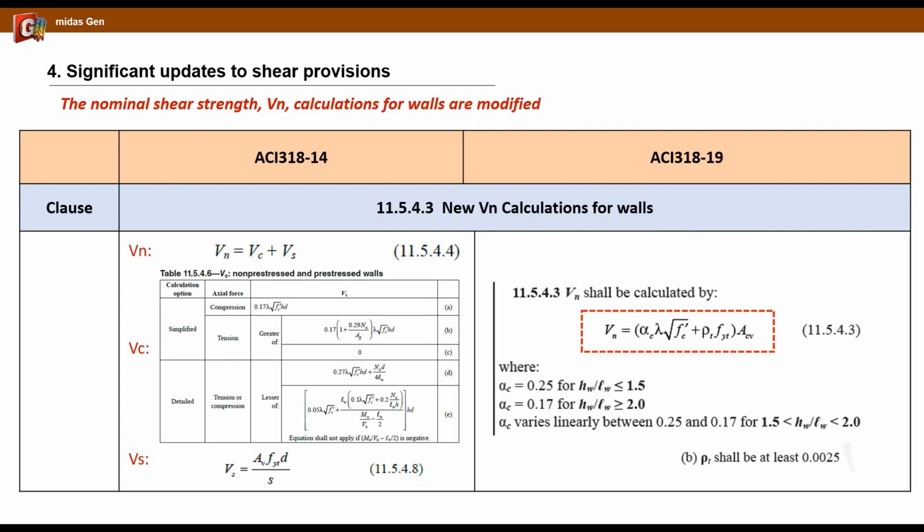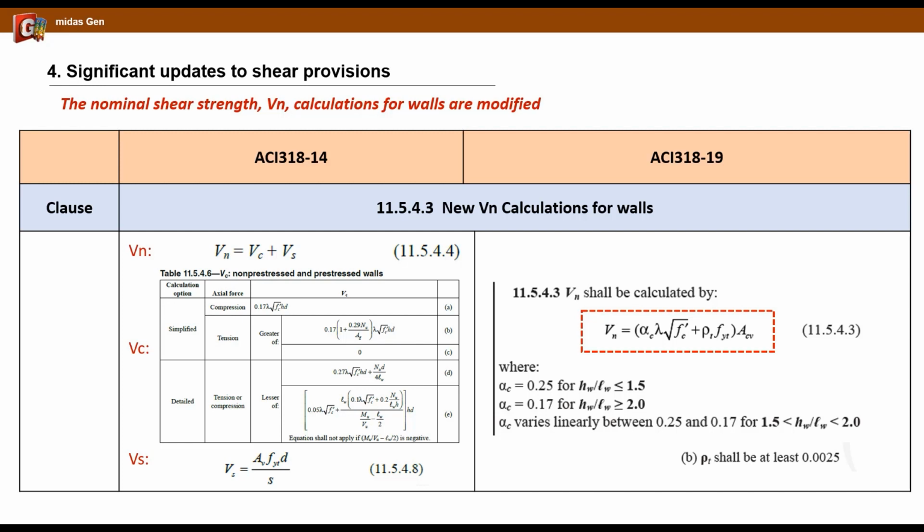In ACI 318-19, 11.5.4.3 states that to improve consistency in the code, the nominal in-plane shear strength equation in section 11.5.4.3 now has the same form as the shear strength equation used in section 18.10.4.1. Accordingly, sections 11.5.4.6 and 11.5.4.7 of ACI 318-14 for Vc calculations and section 11.5.4.8 of ACI 318-14 for Vs calculation are completely removed from ACI 318-19.